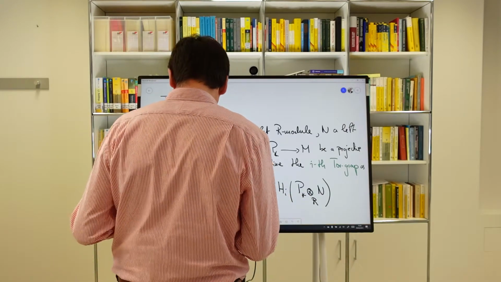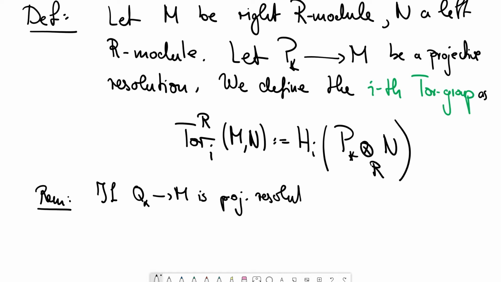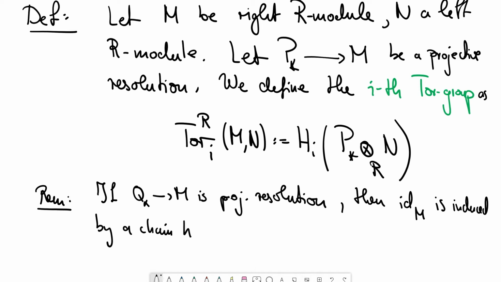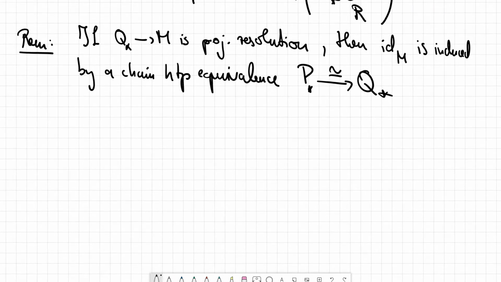So let me write this down. If Q star to M is another projective resolution, then the identity on M is induced by a chain homotopy equivalence from P star to Q star, which is also unique up to chain homotopy.